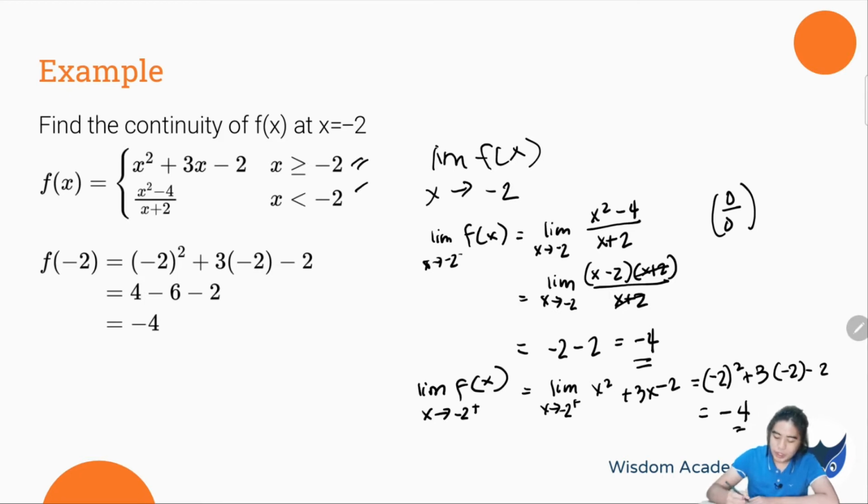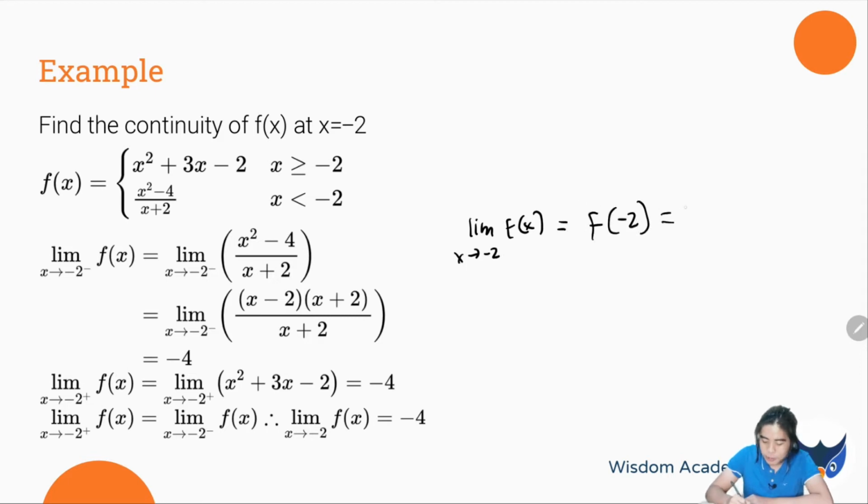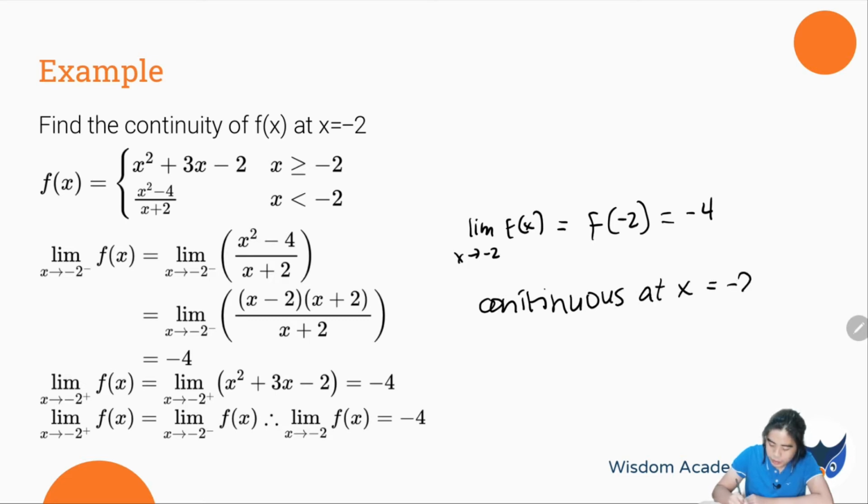So, the limit of f of x as x approaches negative 2, since its left-side limit and right-side limit are equal, is equal to negative 4. Since the limit of f of x as x approaches negative 2 is equal to f of negative 2, they are both equal to negative 4, so the function is continuous at x equals negative 2.